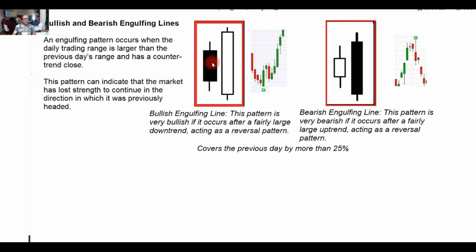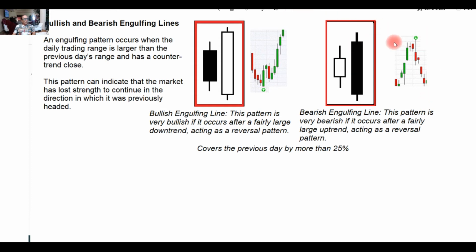All this simply says that it was a down day and this was an up day, and of course we know that it opened here and closed here, and it engulfed, it just covered the entire previous day. That's an indication that the market is going to go up. And sure enough, we can see here a test, trying to, but it doesn't overcome this one. So you've got to wait to see how it's going to develop, and finally it takes off.